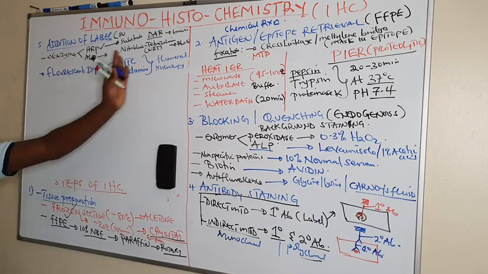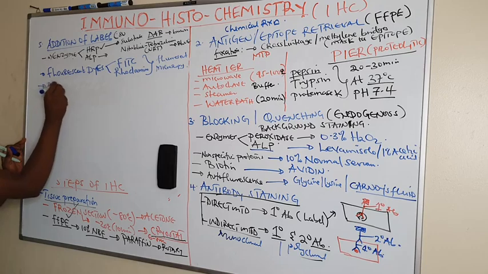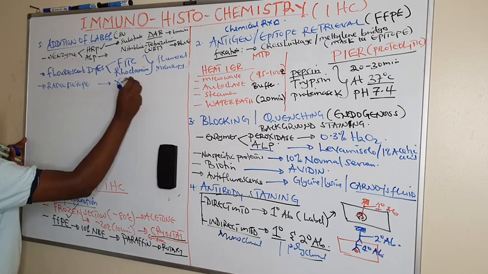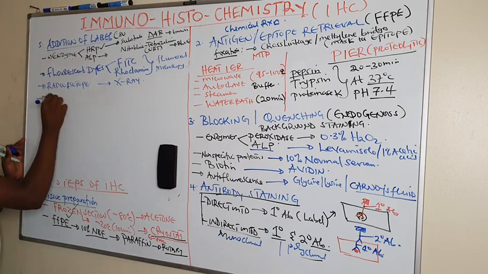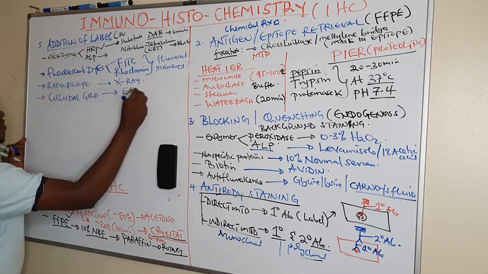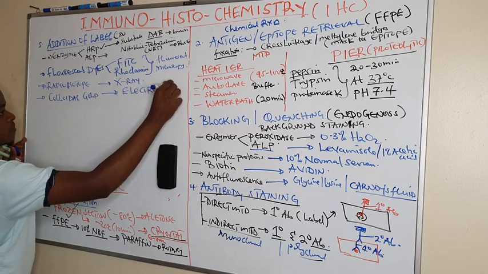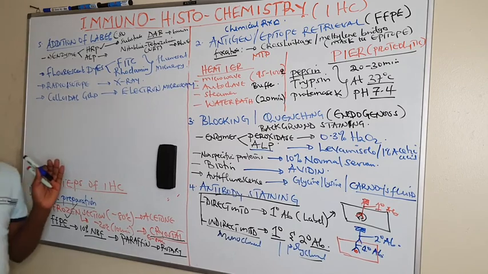Here we don't add substrate. Then in case we use radioisotope substances, here we shall use X-ray to visualize. And when we use colloidal gold as a label, it is visualized using electron microscopy.